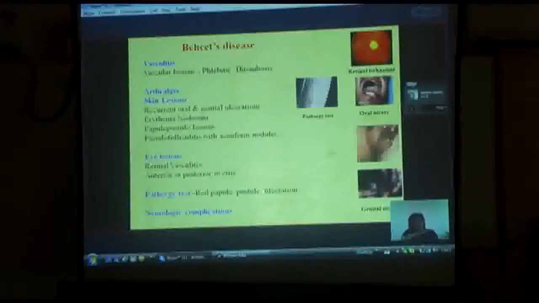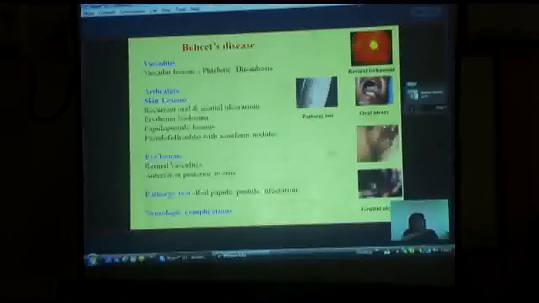Eye lesions can be vision-threatening. The pathergy test, which is a membership exam question, is specific for Behçet's disease. With a sterile needle prick, within 48 hours, patients can develop a red papule, pustule, or ulceration. Again, neurologic involvement can have sinister effects.